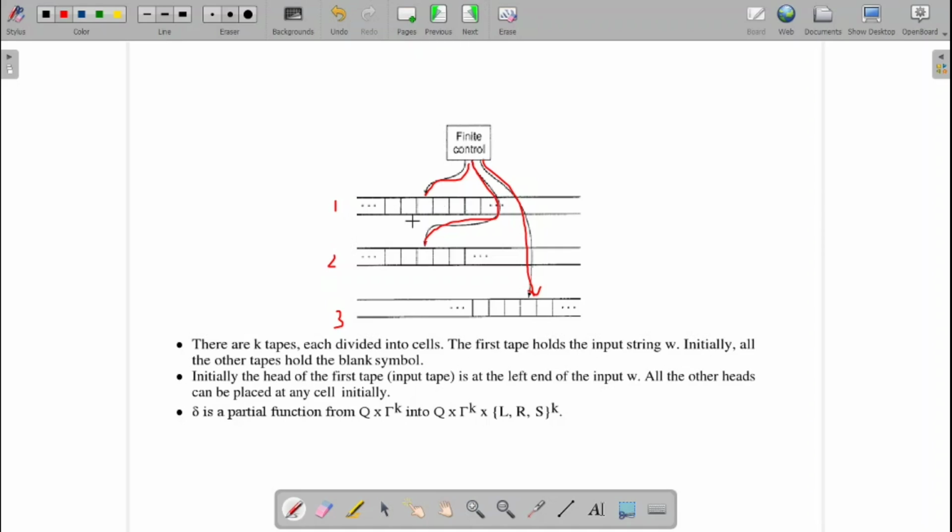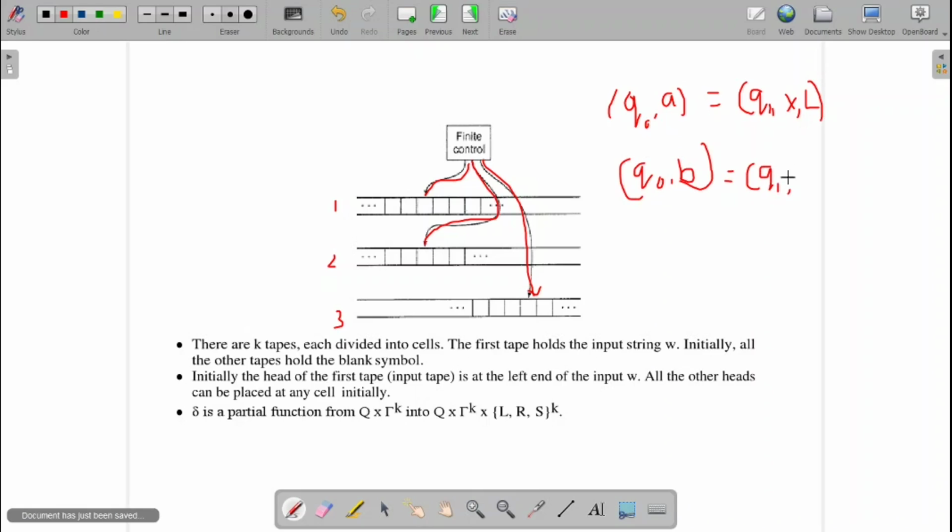So for the first one, let the state be Q0, and let A be the symbol on the first tape. Then I can write it as Q0 to Q1, A I can replace with X, and I can have the left movement. Next, for the second tape, Q0 on B, I will go to Q1, replace with Y, and have the right movement.